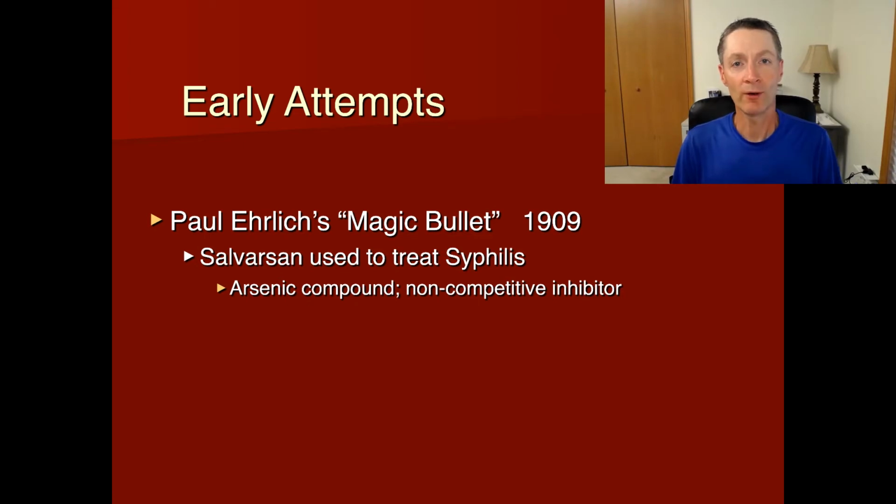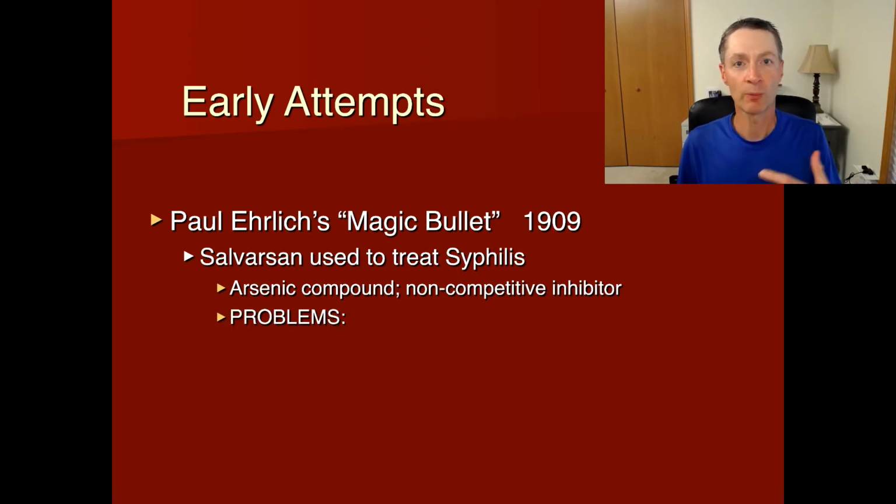Now, we learned that arsenic, like other heavy metals such as mercury, are actually non-competitive inhibitors. They inhibit critical enzymes and they're poisons. So they would use basically poisons on people to try to treat syphilis.